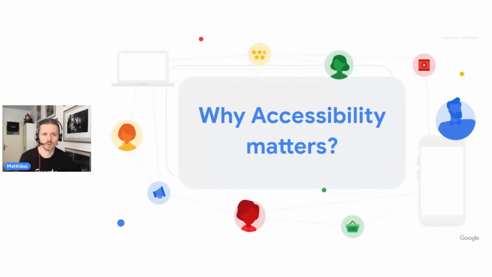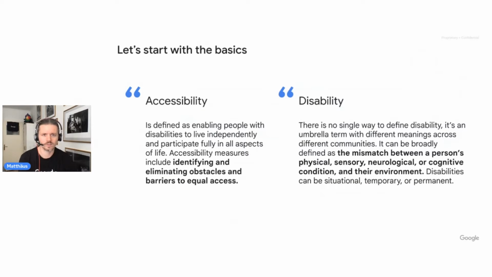So let's start with why accessibility really matters. We have to look at the basics first. What does accessibility or disability mean for you? Accessibility is defined as enabling people with disabilities to live independently and participate fully in all aspects of life. Accessibility is about identifying and eliminating obstacles and barriers to equal access for everyone.